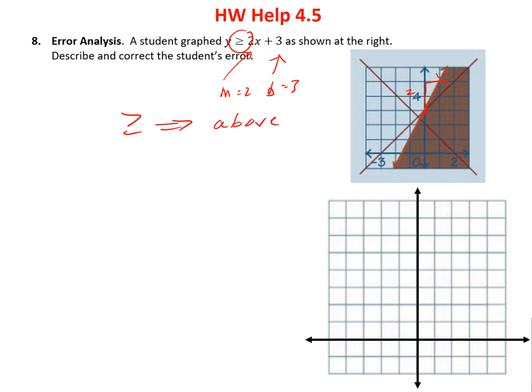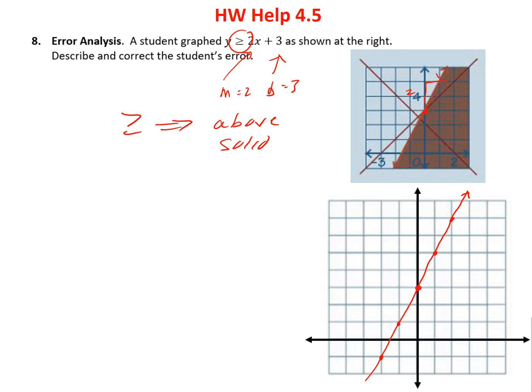And he's shaded below. So to correct that, let's just draw our boundary line. Again, greater than or equal to means a solid line, because it has the equal part. So if I come up here to plus 3, and then go up 2 over 1, and then back down 2, back 1. It's a solid line again, so I can draw my line there.